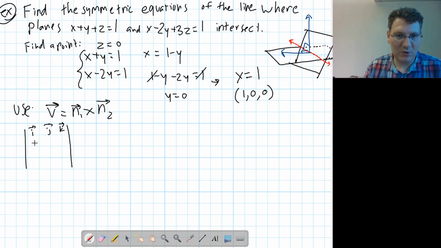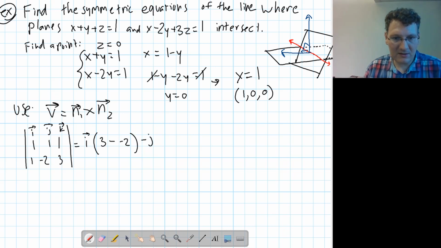And we're going to have our two normal vectors, which, remember, were 1, 1, 1 and 1, minus 2, 3. So we have i times 1 times 3, which is 3, minus 1 times minus 2, which is minus 2. Minus j times 1 times 3 is 3, minus 1 times 1 is 1.